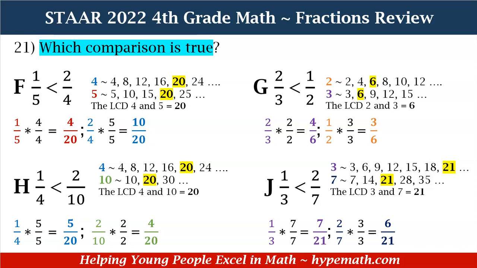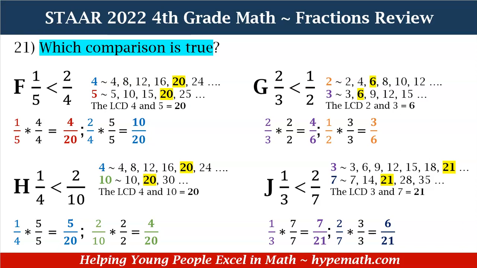So now that I know what my LCD is, I'm going to find my equivalent fractions. Let's start with 2/3. Because we know that our denominator is 6, I am going to multiply my numerator and denominator by 2. Multiplying my numerators across, 2 times 2 is equal to 4. 3 times 2 is equal to 6.